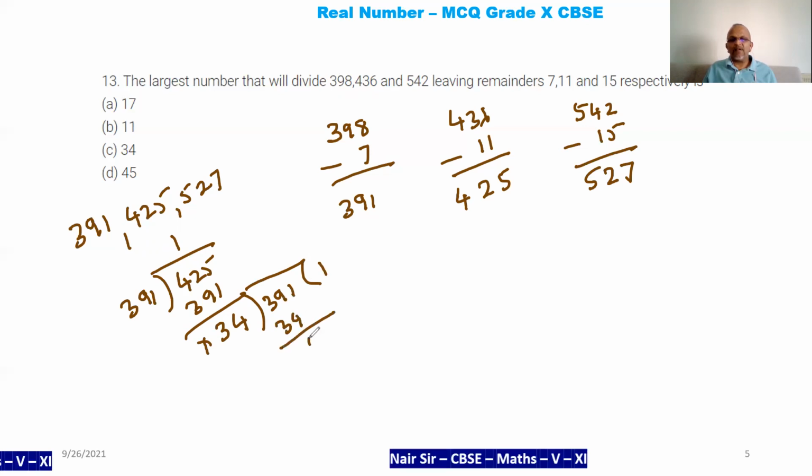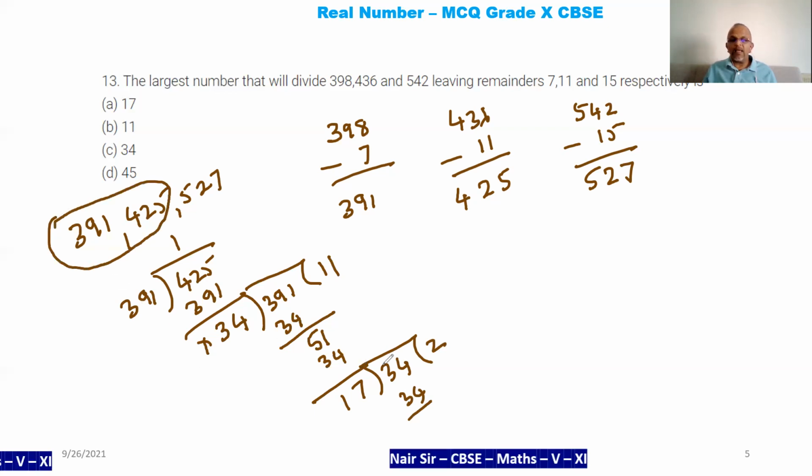What is left? 51. 34 1s are again 34. What do I get? I get 17, and I write 34. 17 2s are 34. Now the HCF of these two numbers is 17.